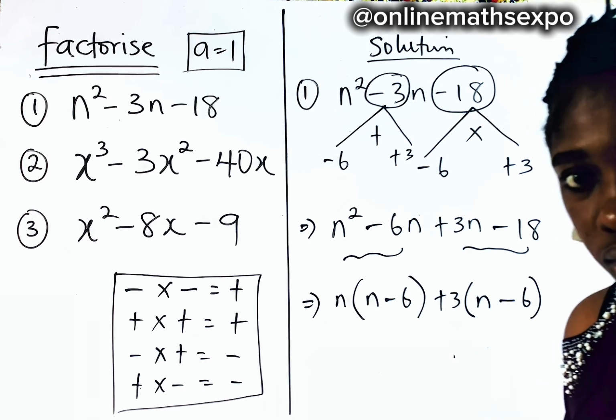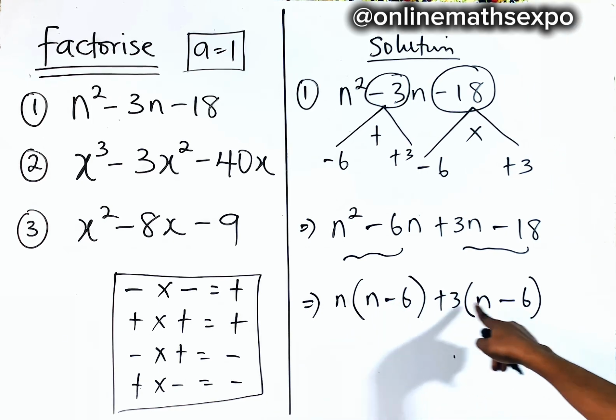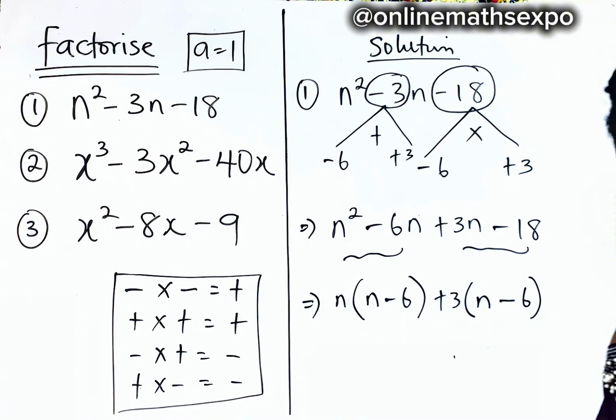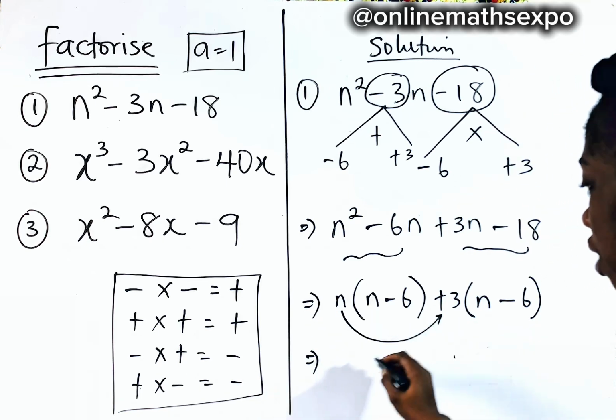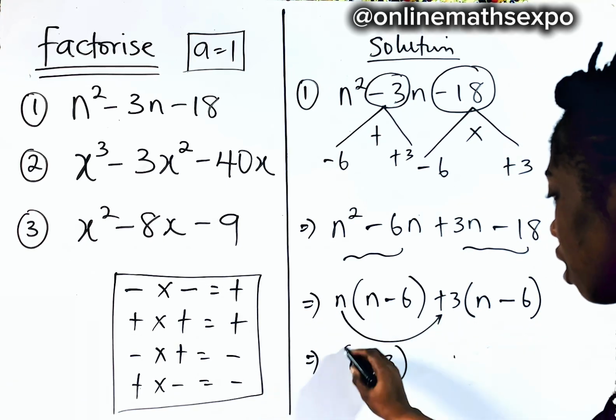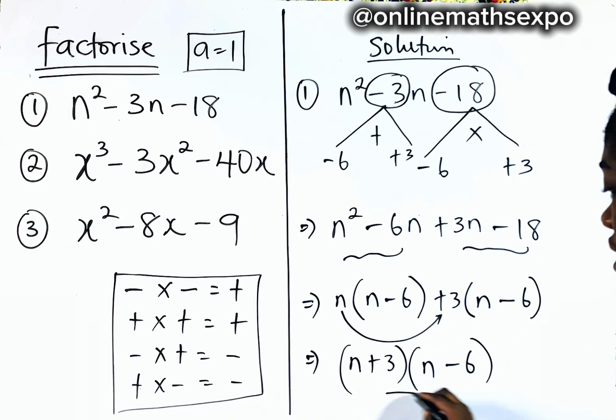It shows what you are doing is correct, provided their signs are the same. If the signs are not the same, it shows there is a problem, so you have to revisit your work. So gather these two together. We have n add 3, then take one of the brackets, we have n minus 6. So these are the factors we have for the first expression.